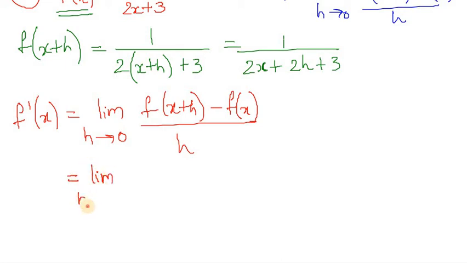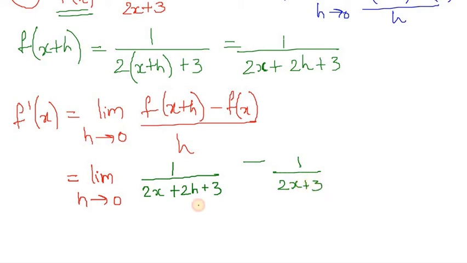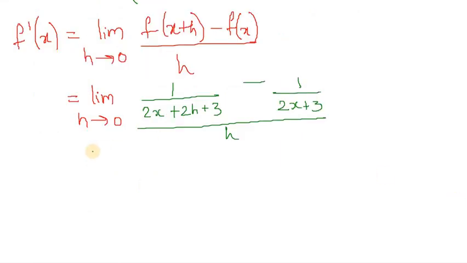Limit h tending to 0, 1 upon 2x plus 2h plus 3 minus 1 upon 2x plus 3 whole thing divided by h. Again, we'll try to eliminate that h in the denominator.